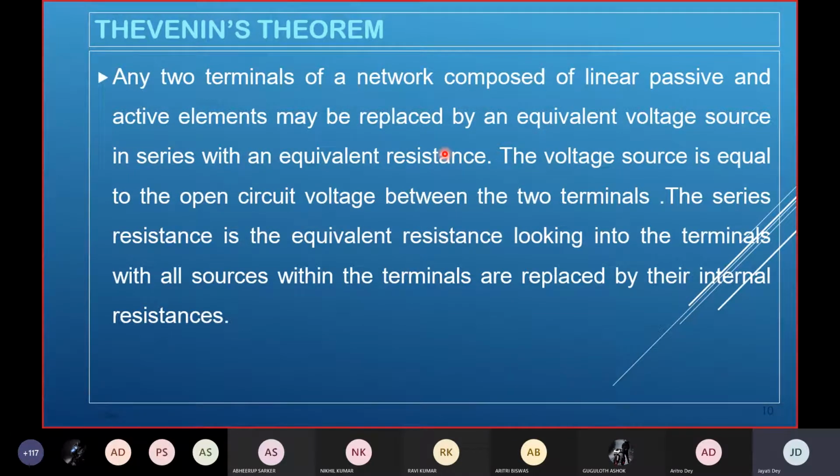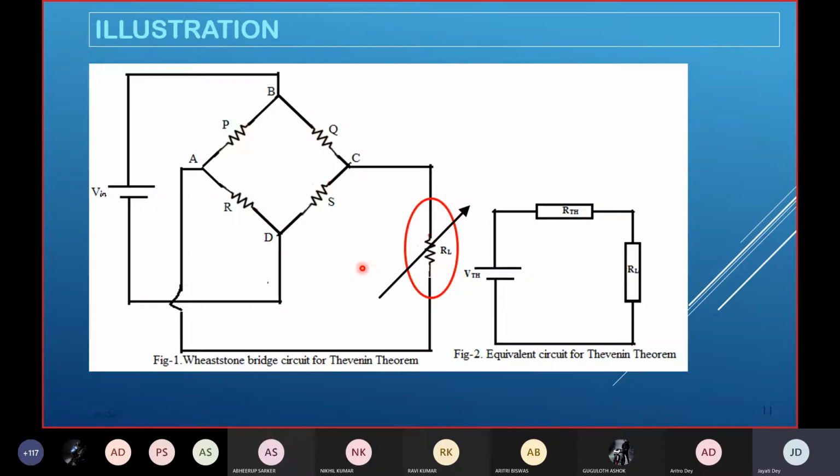So these two networks are equivalent to each other. Any two terminal network may be replaced by an equivalent voltage source in series with an equivalent resistance. The voltage source is equal to the open circuit voltage, that is very important, the open circuit voltage between the two terminals. The series resistance is the equivalent resistance looking back into the network through the terminals, with all the sources within the network replaced by their internal resistances. So here we are going to consider.